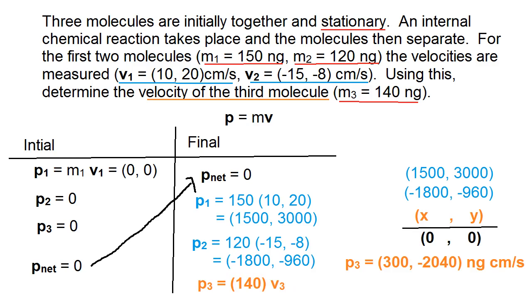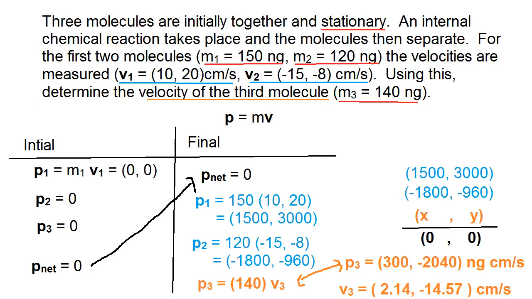So I can put these two things together. I know what momentum 3 is, and I know it's equal to 140 times velocity number 3. To find velocity number 3, I can take this momentum number 3 and divide both components by 140. And doing that will yield me my final velocity that I'm looking for directly.